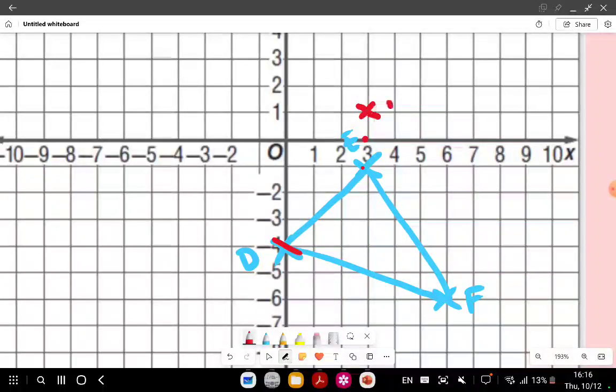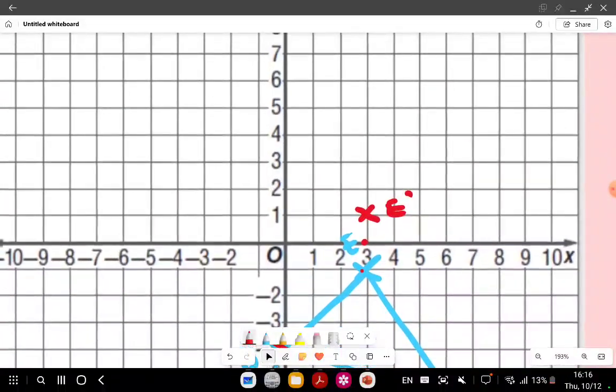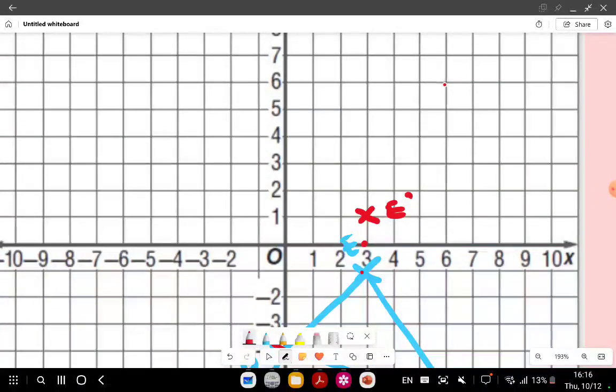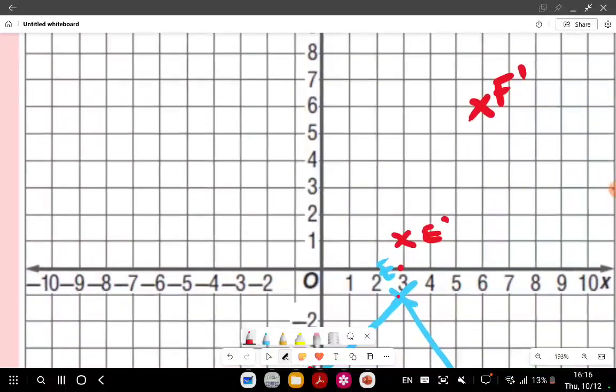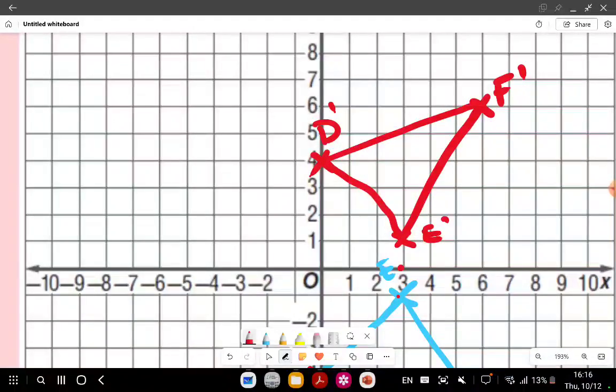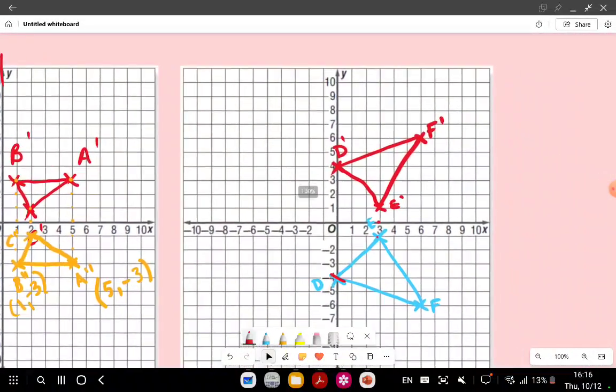That becomes E1. This is 6, so I go 6 up. That's F1. And D is 4, so I go 4, D1. Connect the dots. And this one here becomes DEF1.